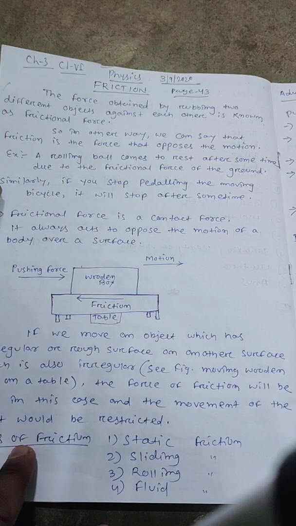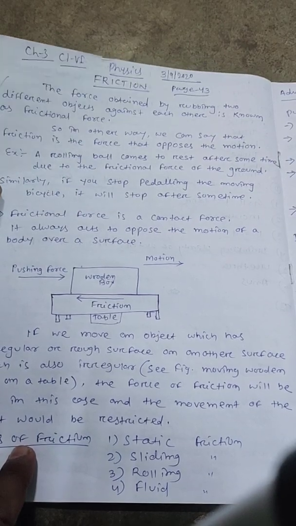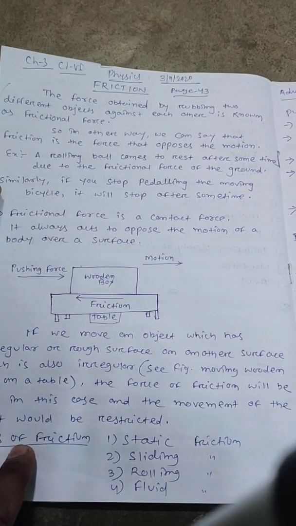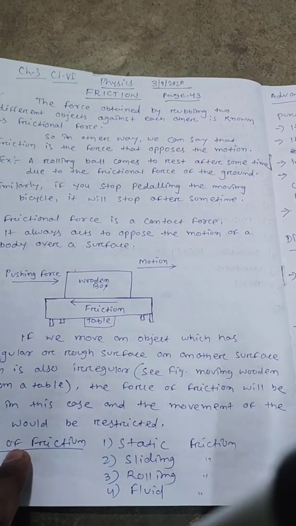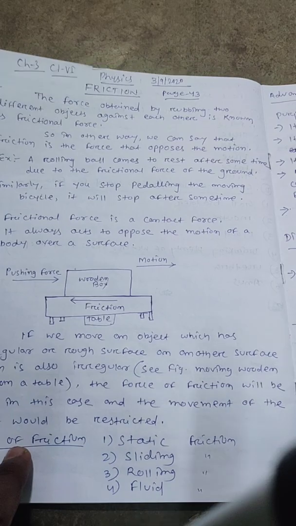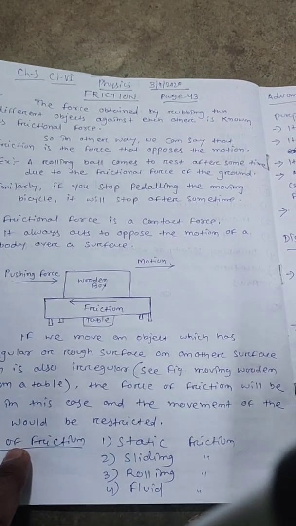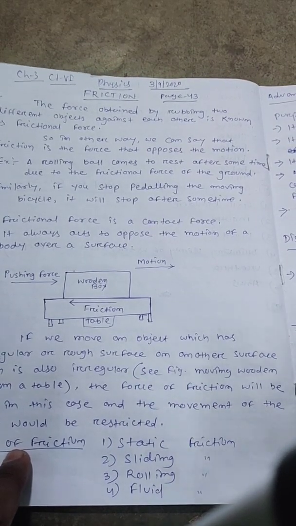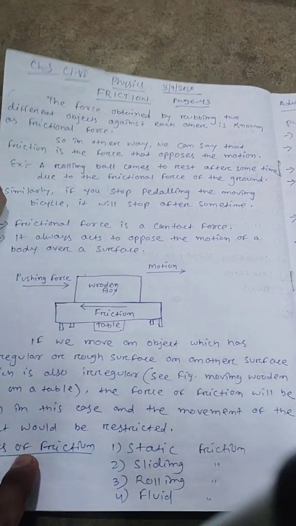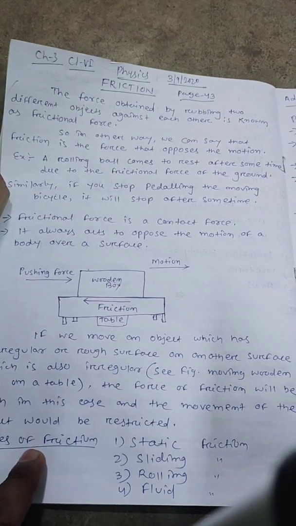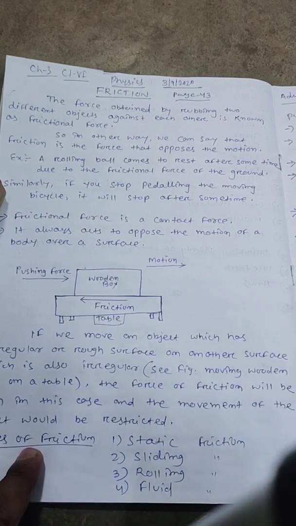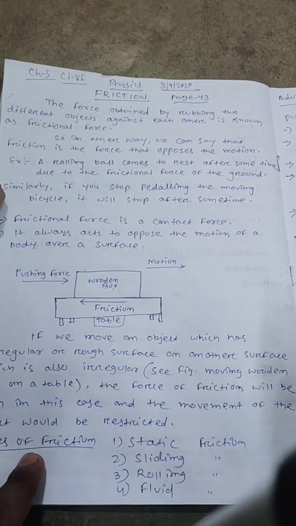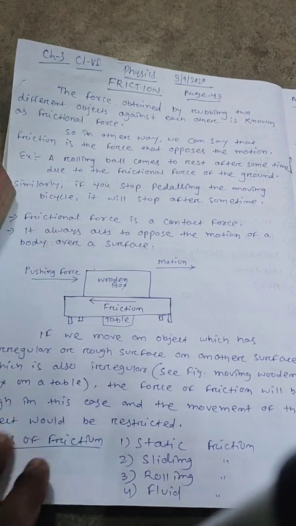Because it is moving over a surface, the ground, and the ground opposes the motion of the tire, so it will stop after some time. Here is the picture of a wooden box on the table. So how does friction work, it will be stated here.